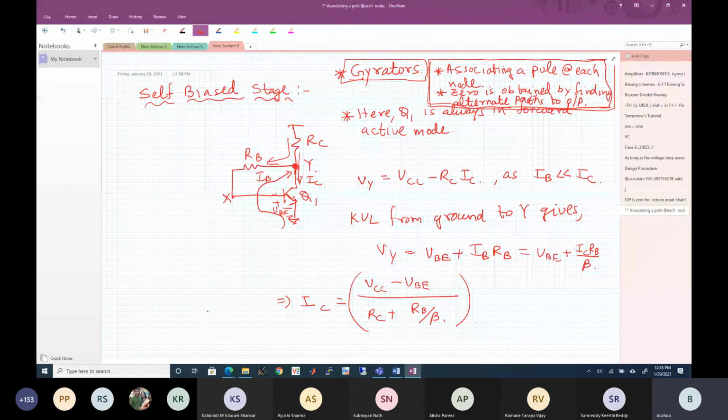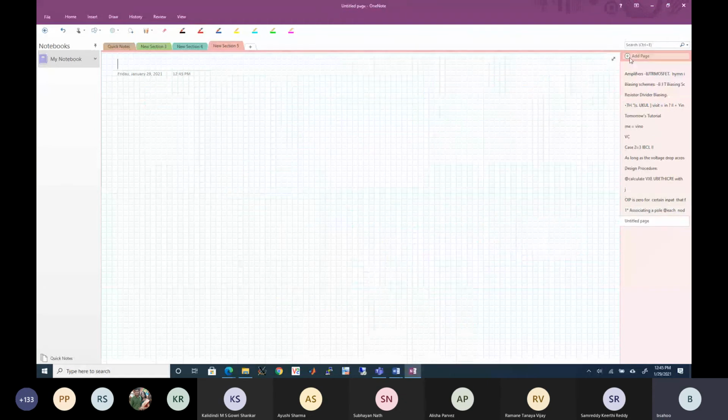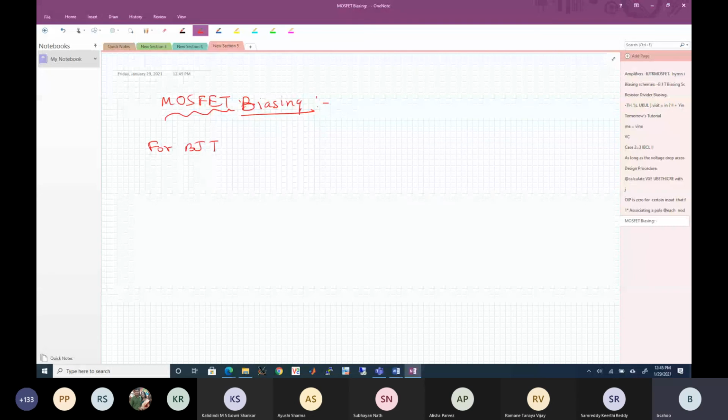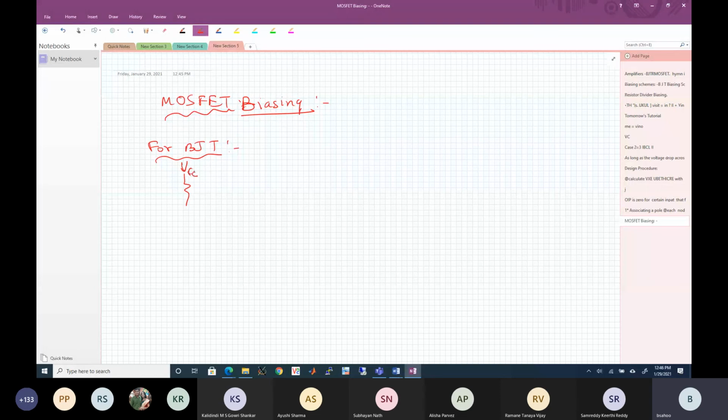Now, let's see whether these are valid for a MOSFET. Which of these will be valid for a MOSFET? We talked about these biasing schemes for BJT, right? For BJT, we had these schemes. VCC, RB, and then RC, Vout.